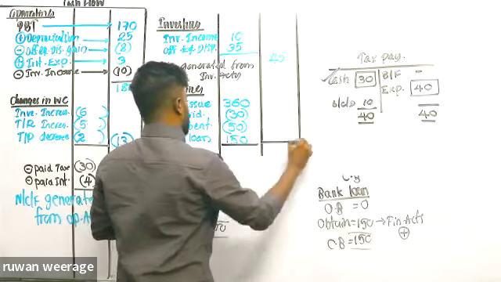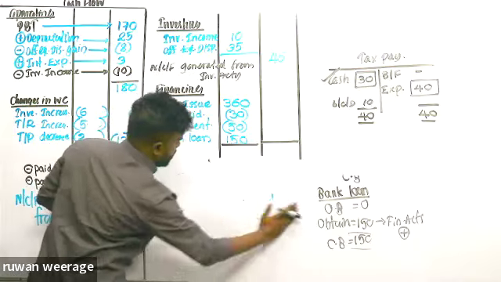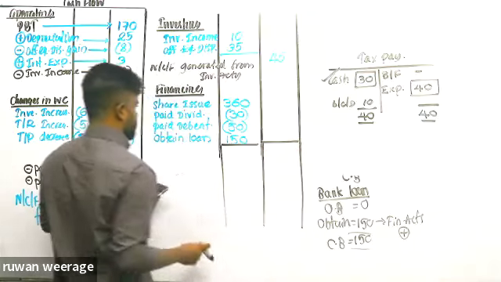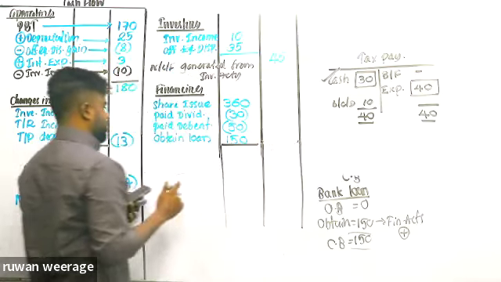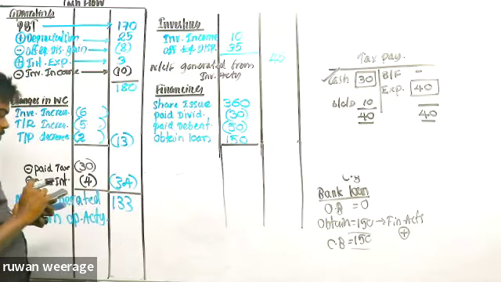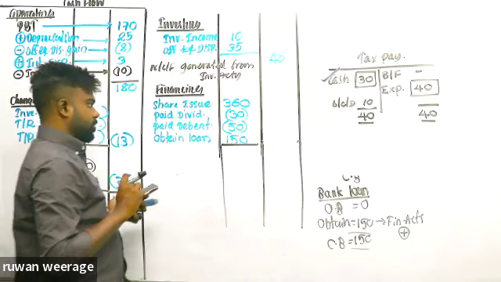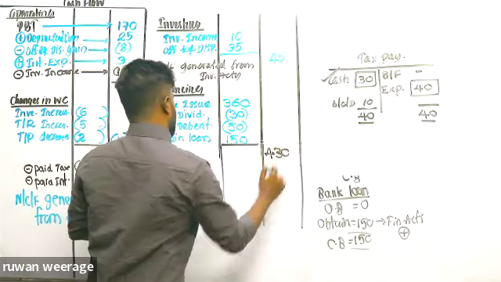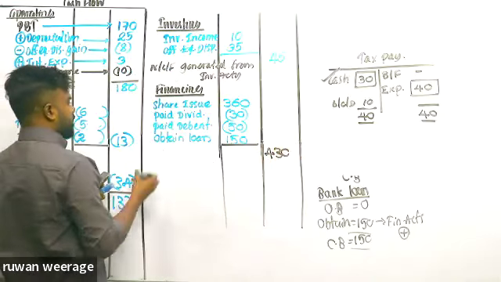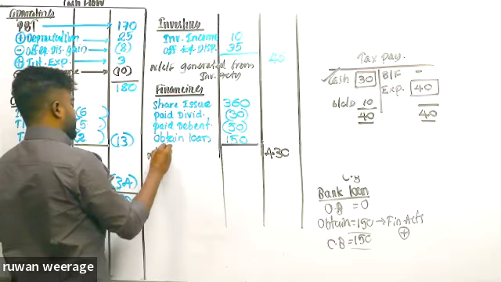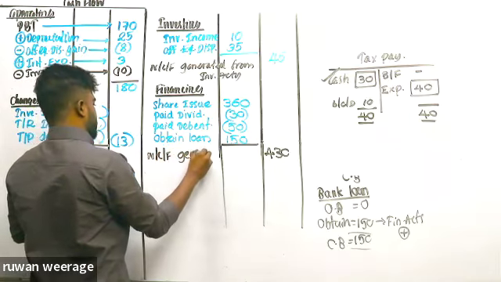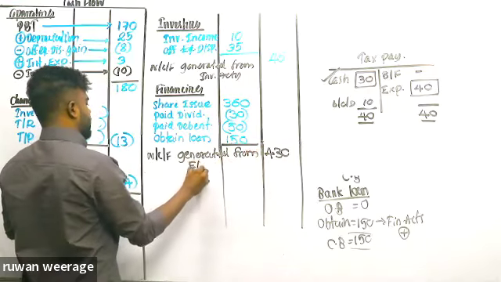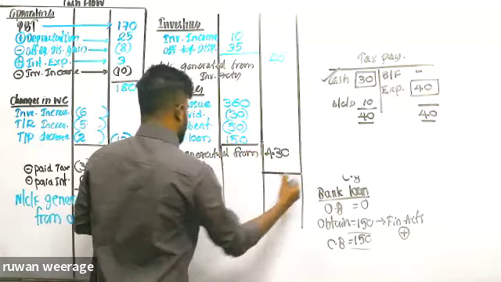Here, look at the answer. 430. Fine. Plus. Then write down net cash flows generated from financial activity. Right. Get the changes in cash flows.